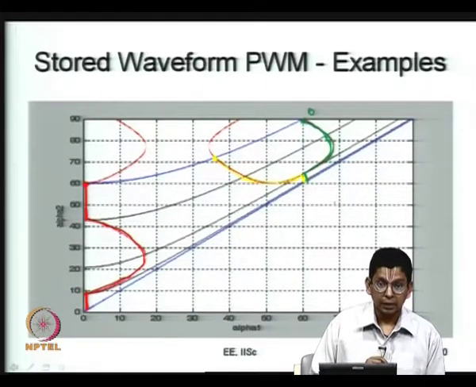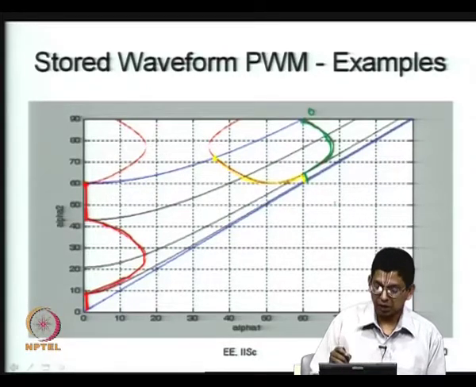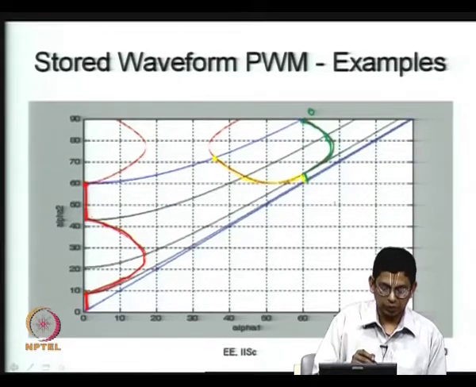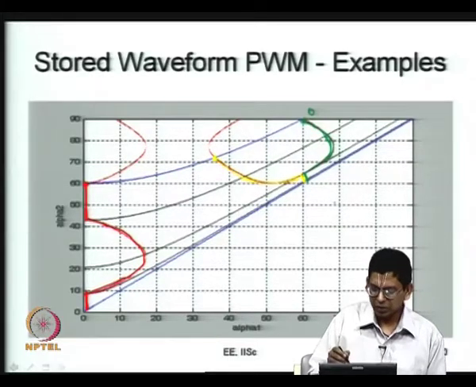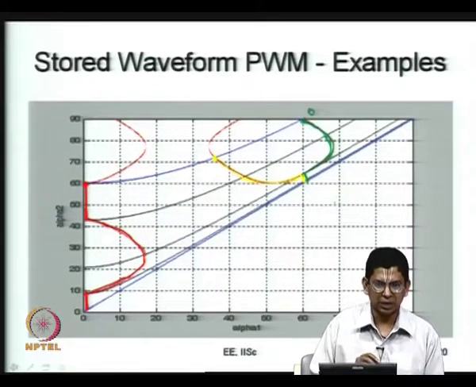But in the case of the green and the yellow, the 7th harmonic will be eliminated all the way from 0 to 0.87, but if I use the red one, it is not so. Between 0 and 0.47 it is not eliminated, it is eliminated only between 0.47 and about 0.97. I can also move along one of them and jump over to the other one. Such things are possible. I am just trying to indicate some examples for you as to what can be done.